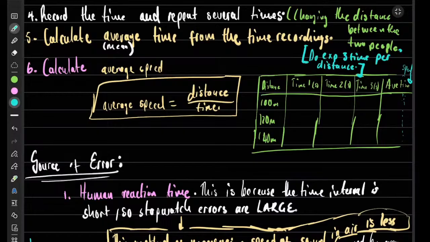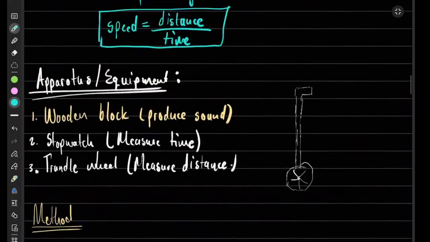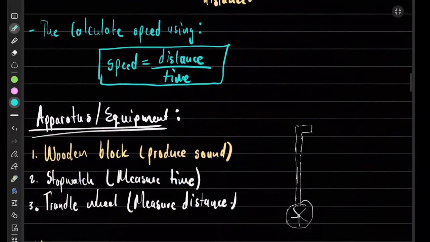So remember, I once taught you about variables, and I told you that the control variable is what we are not changing. We're keeping the same. Then the independent variable is what we are changing. Then the dependent variable is what we are measuring. So if we are to say here in the main idea, we should talk about the variables. Dependent, sorry I didn't do it.